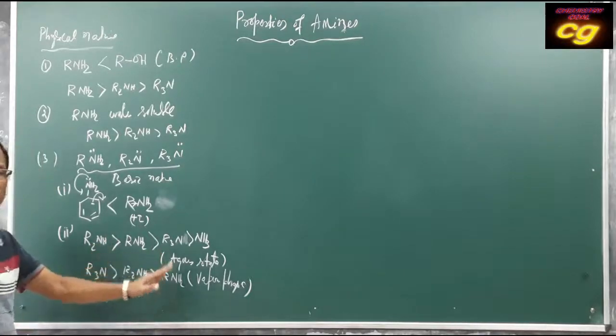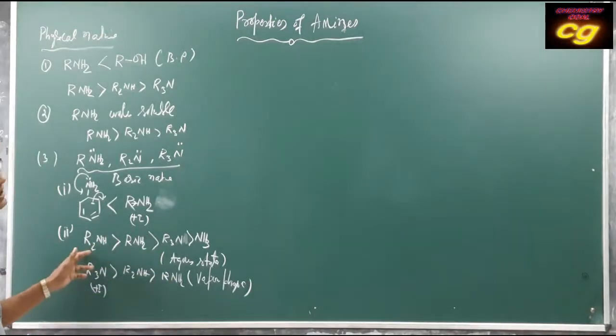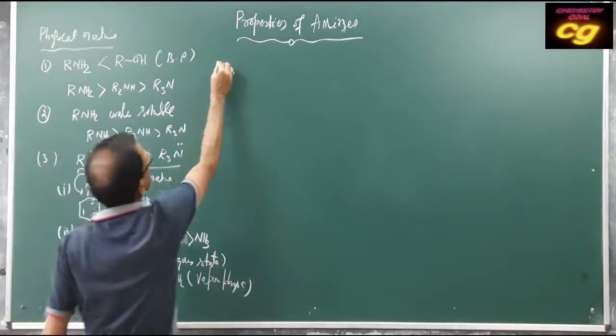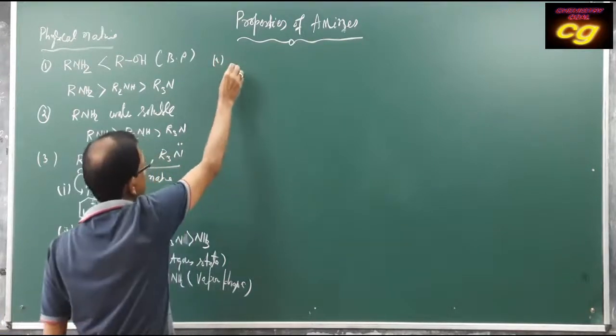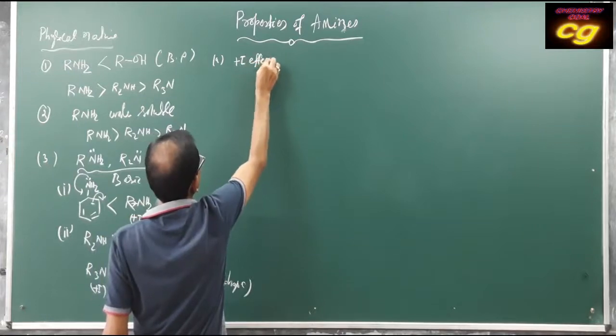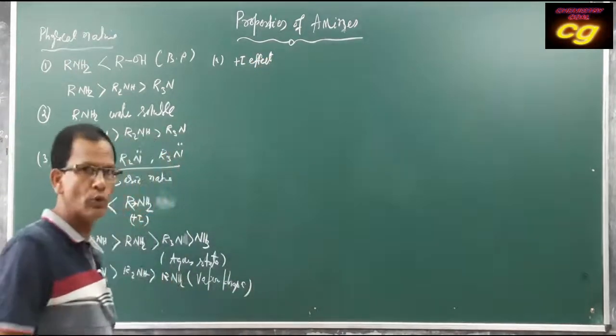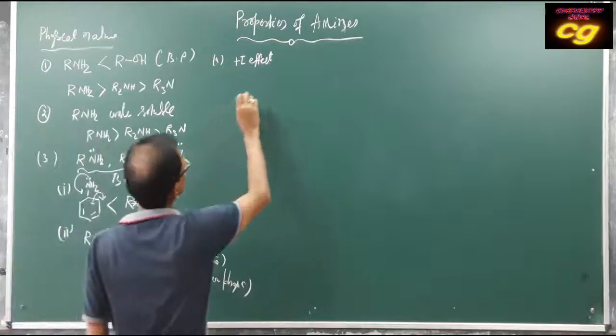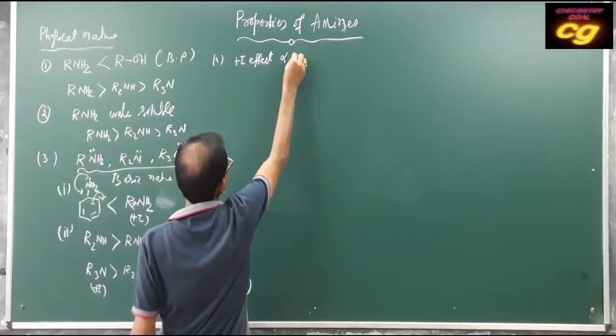But in the case of aqueous medium, three factors are taken into consideration for the basic character. The first is the cross effect. More cross effect, more basic character. That is directly proportional to basic nature.